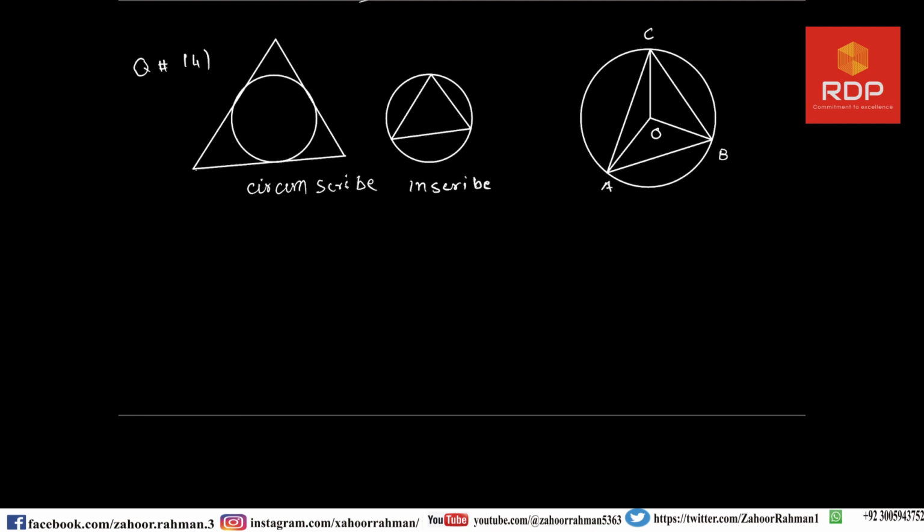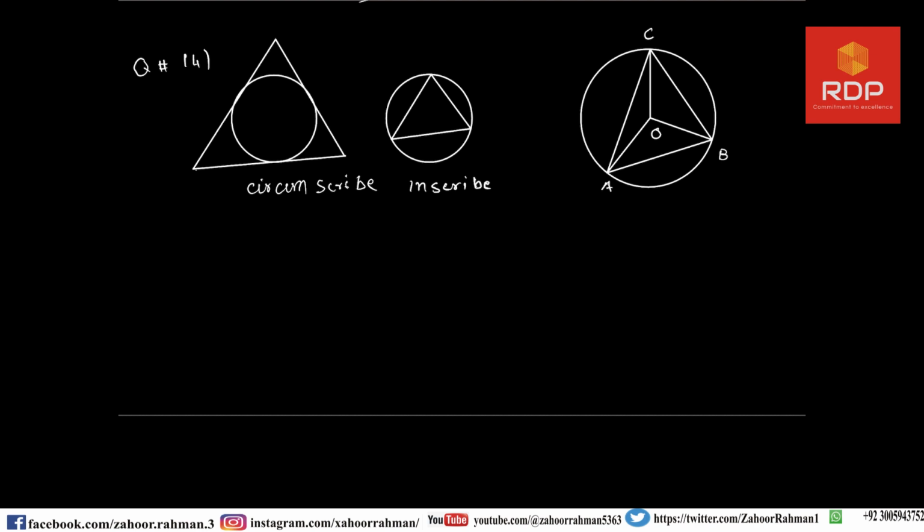So that is called an inscribed triangle. Here in the second case, a circle is inside the triangle, or you can say the triangle is touching the outside points of a circle. That is called circumscribe. So one is inscribe and one is circumscribe.